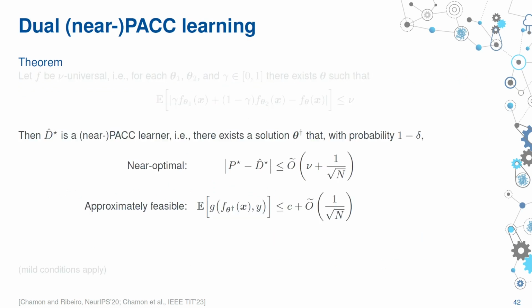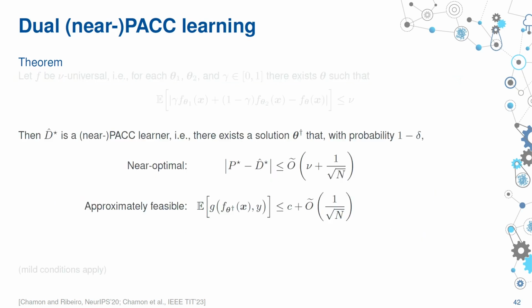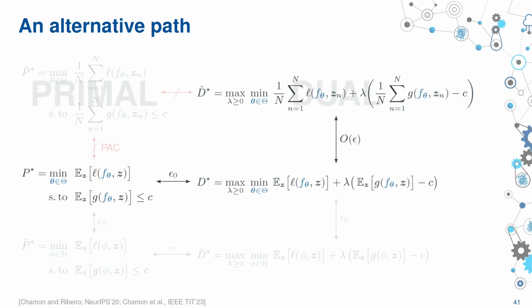Sorry, I have an older version of the slides. Here is the result that I wanted to highlight. So first off, the optimality gap is small, and second, the constraints are nearly satisfied. So let me see, I lost my track a little bit, so let me make sure that I get it back and I don't confuse you.